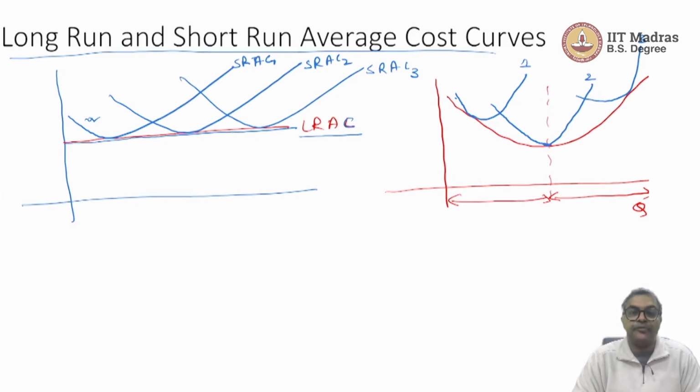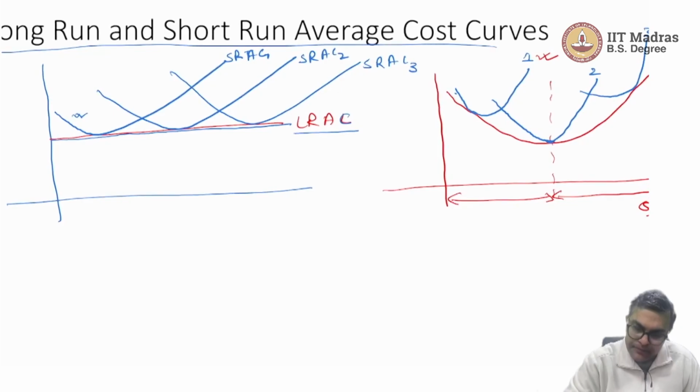In reality it's possible that 5 levels of capital are possible, and also it's possible in reality that capital can vary continuously. So, from here of course we already had the logic of how that marginal cost curve would look. Let us say we are talking about case 1 only. In that case, the marginal cost curve will pass through the bottom of the short run average cost curve that we have drawn.